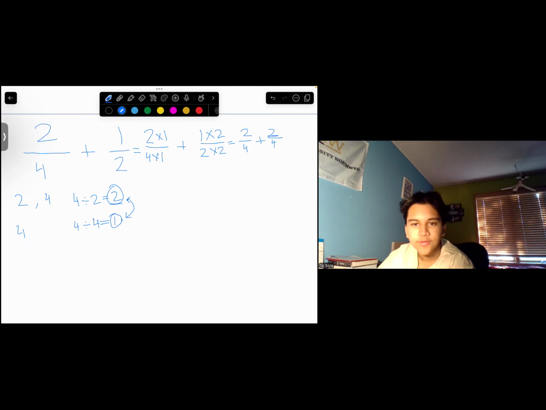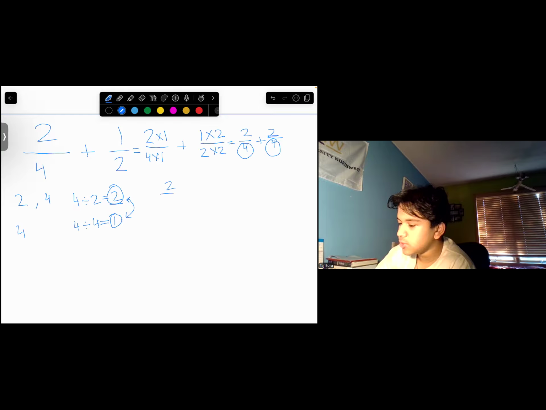So after we find the number that is the same on the bottom, so now we have 2 over 4 plus 2 over 4. So these numbers are the same. So then we can actually solve this.